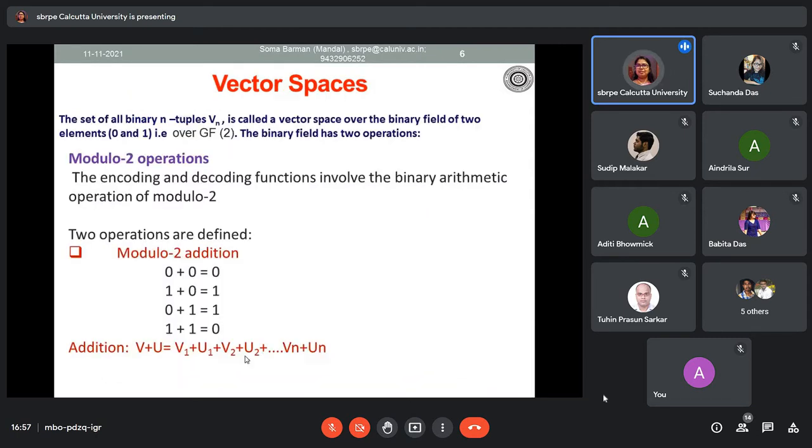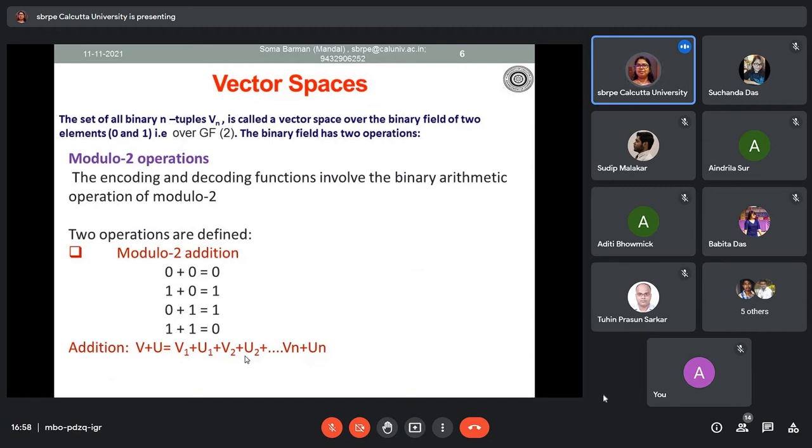Now before going to that, we are considering the vector space. You know that I have already mentioned that n-tuples form a space that is Vn, and it is called the vector space over the binary field of two elements, 0 and 1.